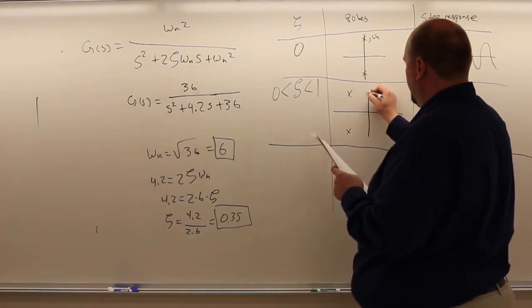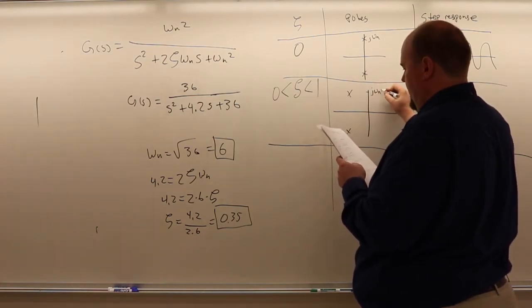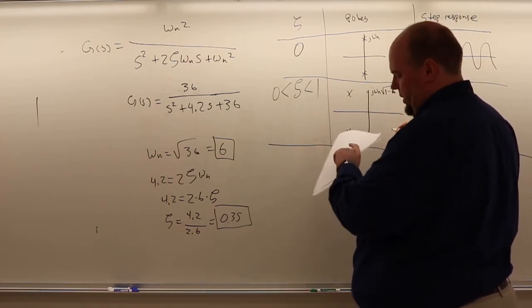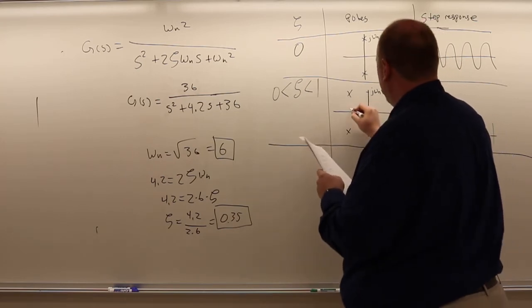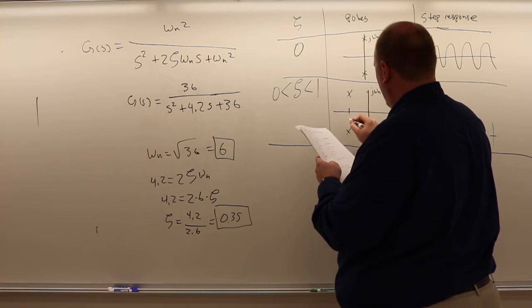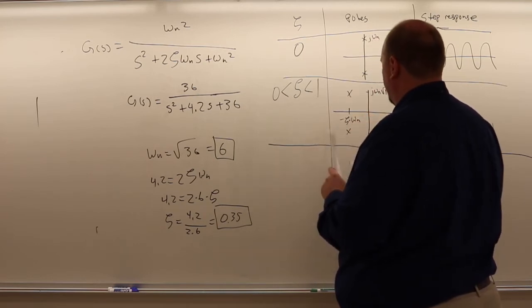The imaginary component of those complex poles is going to be j omega n square root of 1 minus the damping ratio squared. The real component of those is going to be negative damping ratio times the natural frequency.